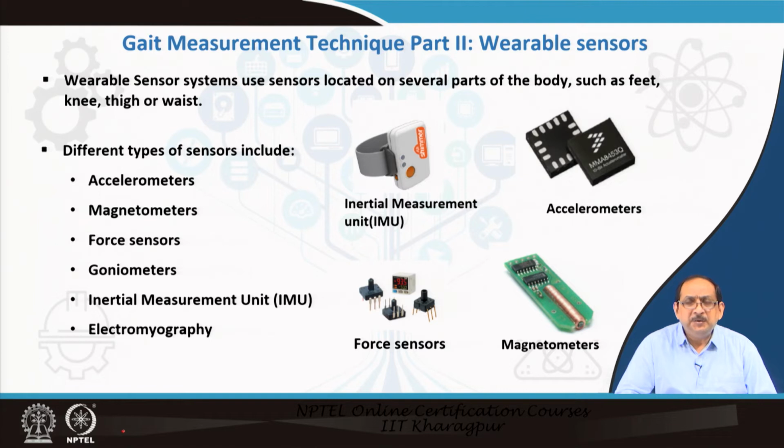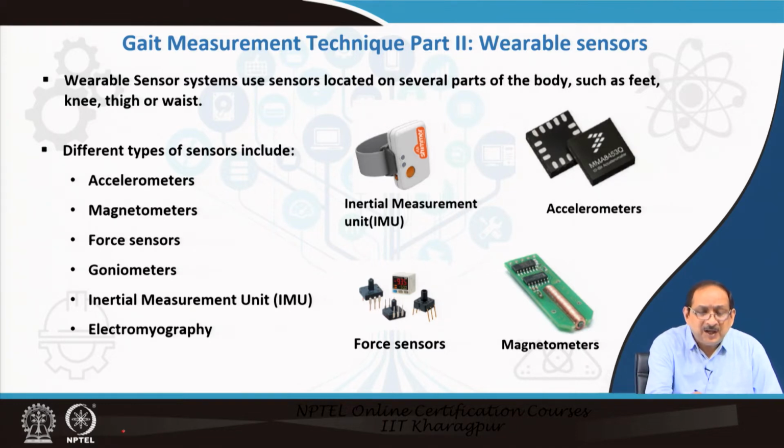We will be continuing our lecture on the objective measurement techniques for gait analysis, in continuation to part 1 of the lecture, but in this lecture we will be focusing on wearable sensors. Wearable sensor systems use sensors located on several parts of the body such as feet, knee, thigh or waist.